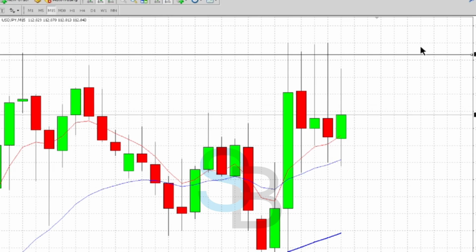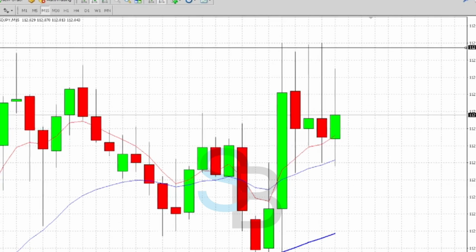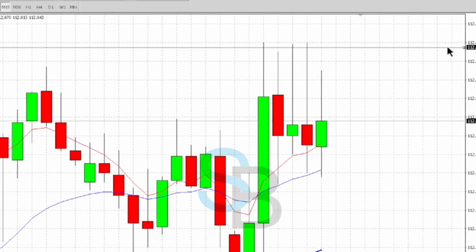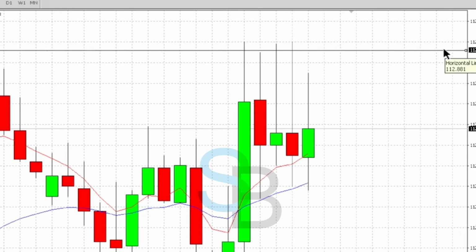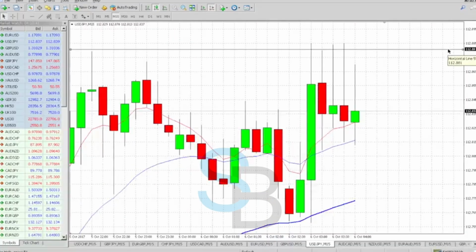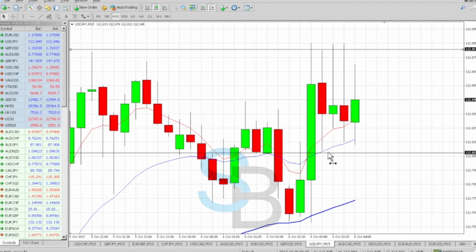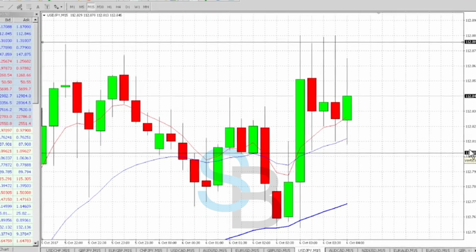Let me see. So my buy order would be at 112.88. All right. And my stop loss would be usually below the low of this candle or 8 pips away, whichever is further, right?